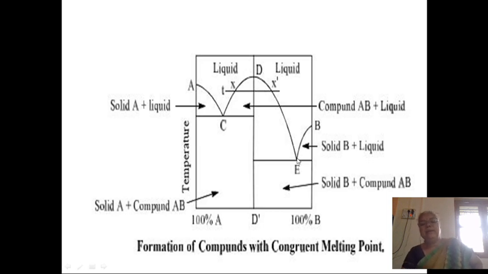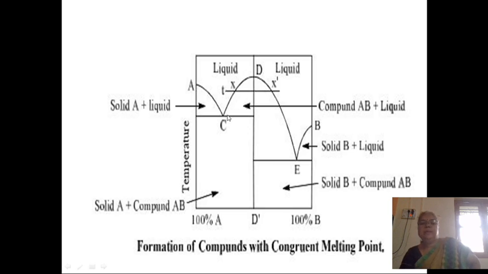And at this B point in the solution, a new solid is formed, and that new solid is the solid B, and this point is the melting point of B.